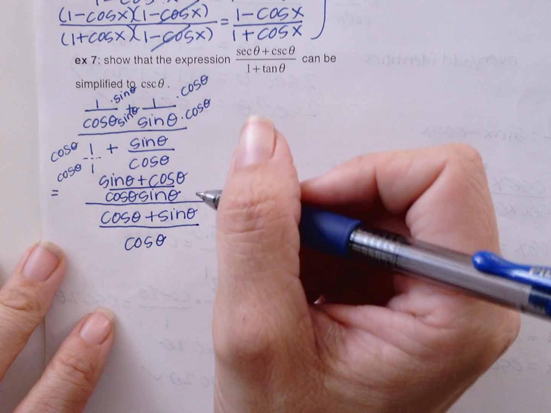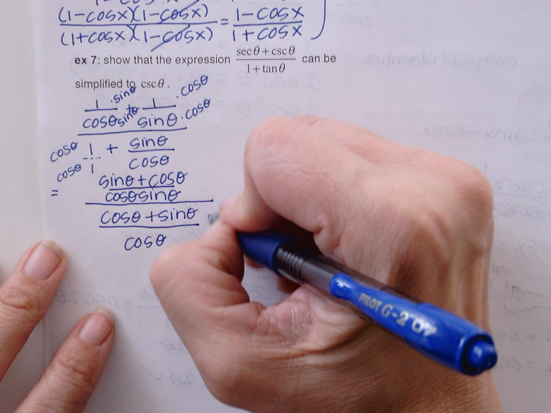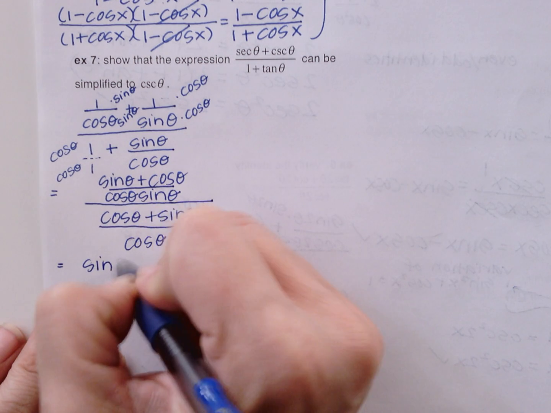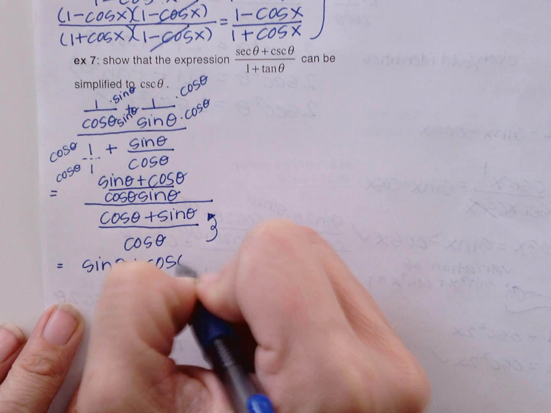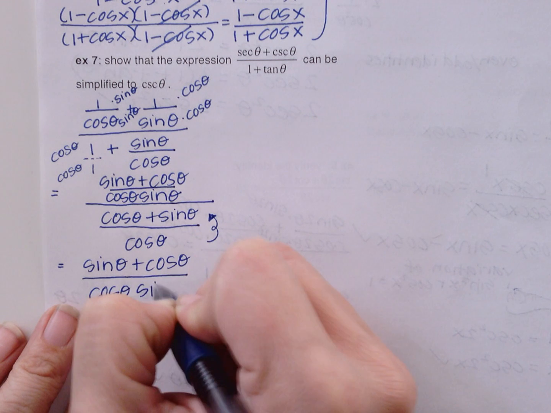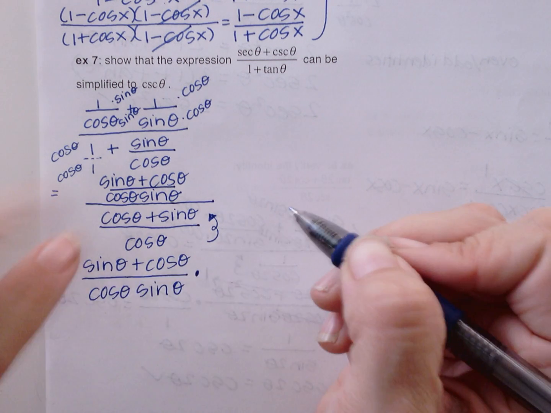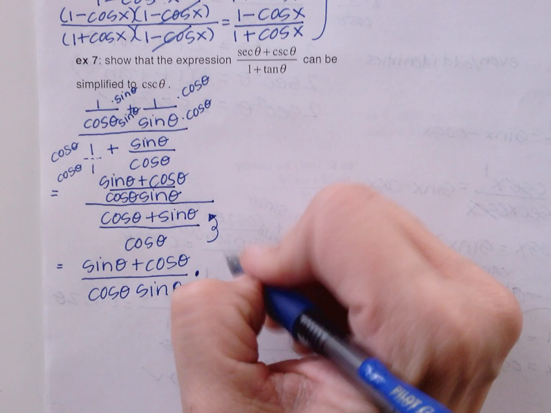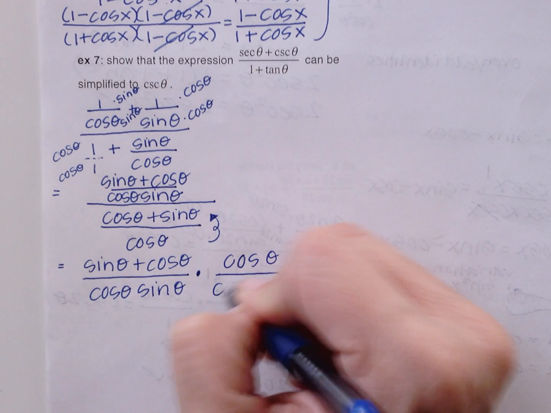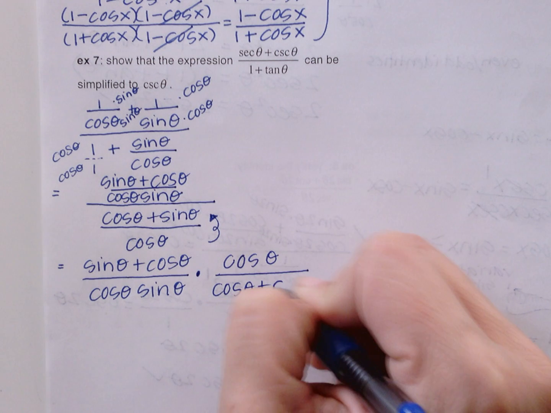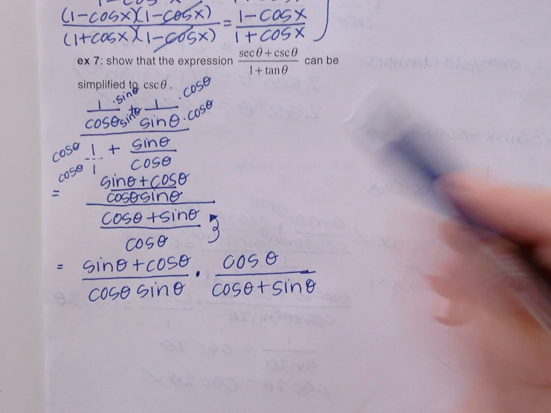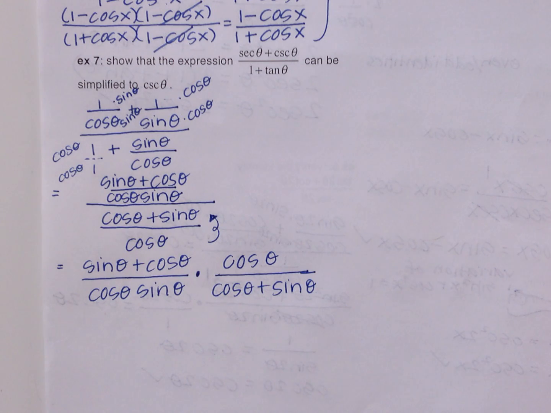So then we learned our next step here is to copy dot flip. So we are going to get sine theta plus cosine theta all over cosine theta sine theta and multiply it by the reciprocal or the flipped fraction, cosine theta all over cosine theta plus sine theta. And you might just pause for a second and see what you can reduce.